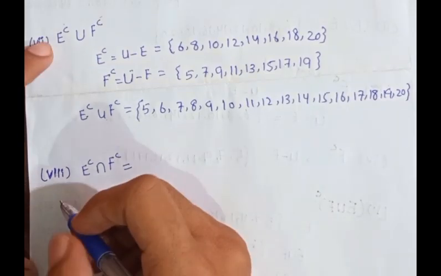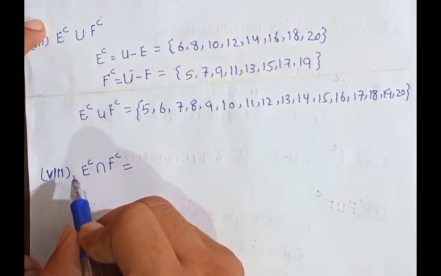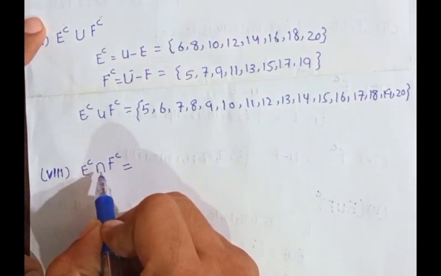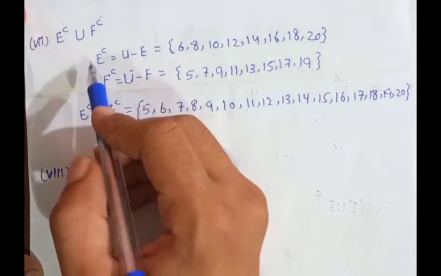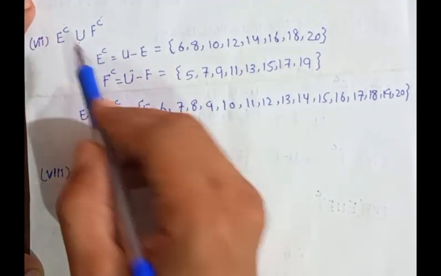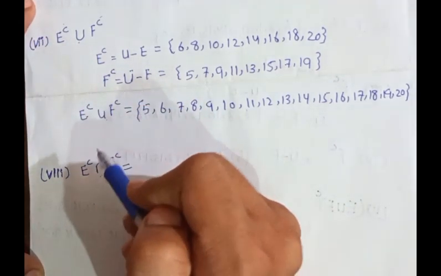Come to the last question: E complement intersection F complement. In the previous question it was union, but here it is intersection.